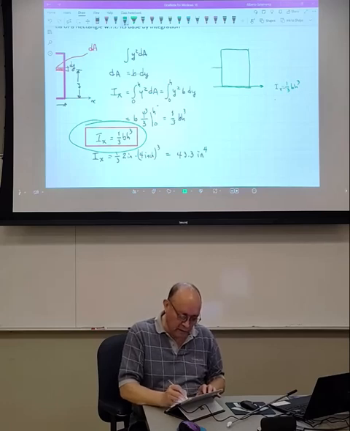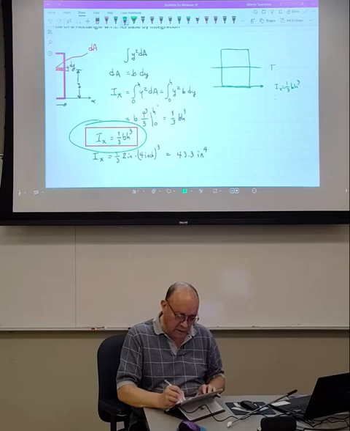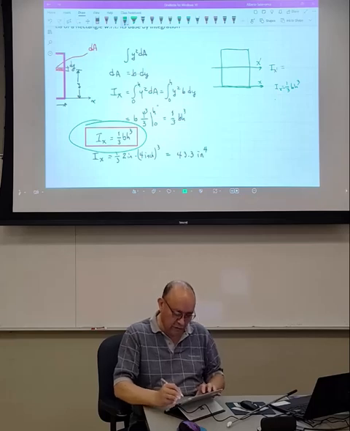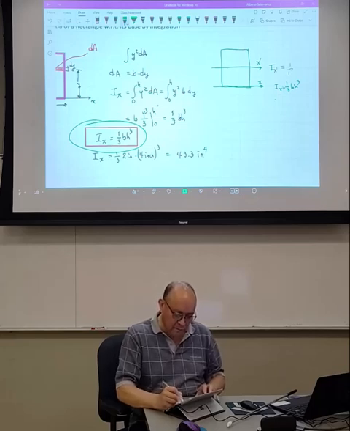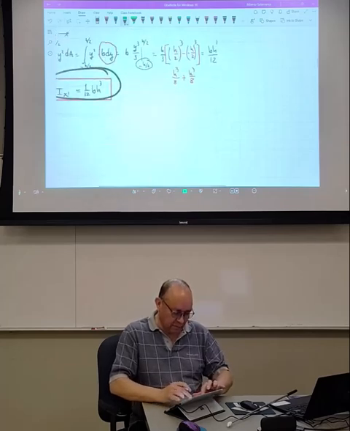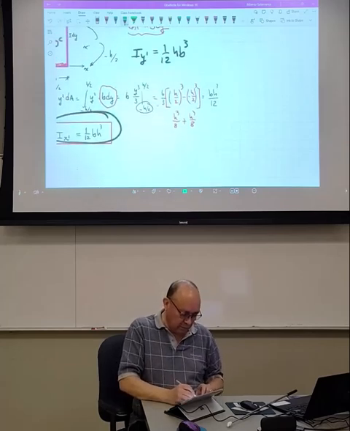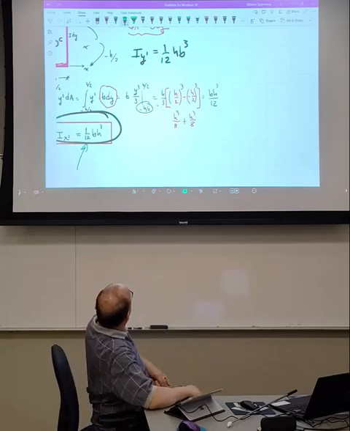And this is x prime. We found this to be 1/12 b h cubed. That one we have here. You see it, 1/12?